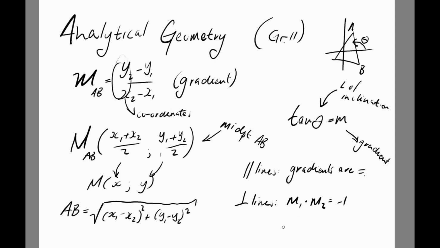Another way we can remember the same thing is the gradient of the perpendicular line is equal to the negative reciprocal of the other line. Okay, so you change the sign and you flip it. So these two things over here are saying the same thing. The two gradients, when you multiply them together, you get -1, or the gradient of the perpendicular line is equal to the negative reciprocal.